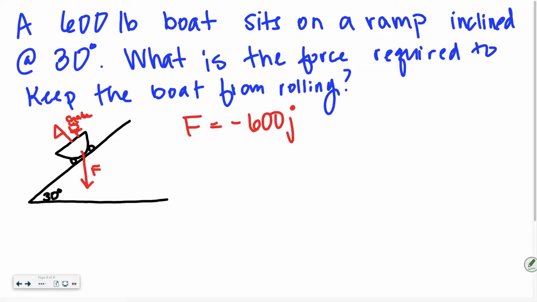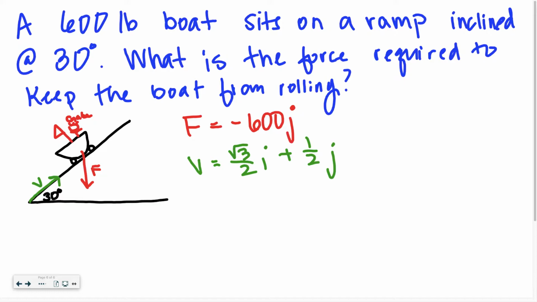Now we're going to make this vector v. I'm just going to call vector v radical 3/2 i plus 1/2 j. Why am I calling it that? Because you did the substitution, and it's a unit vector.